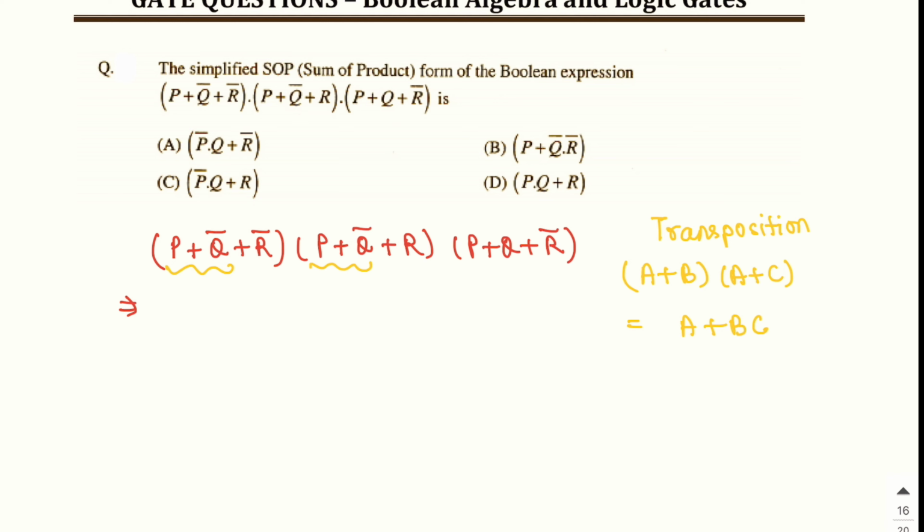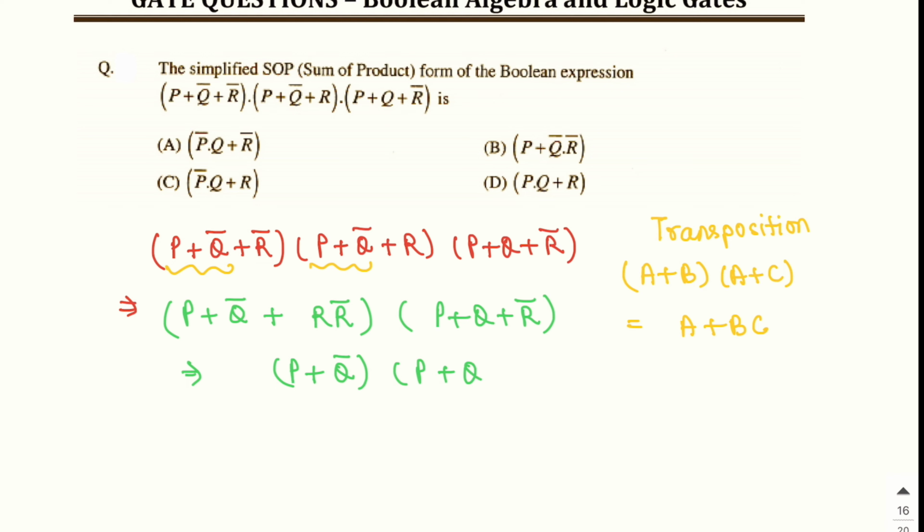Applying this theorem, we have P plus Q bar plus R bar, and over here you are left with P plus Q plus R bar. Now this R bar is equal to 0 with R, so we have P plus Q bar and then P plus Q plus R bar. Again we can take P common and apply the transposition theorem again.